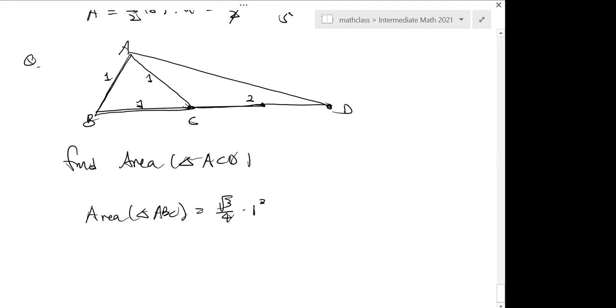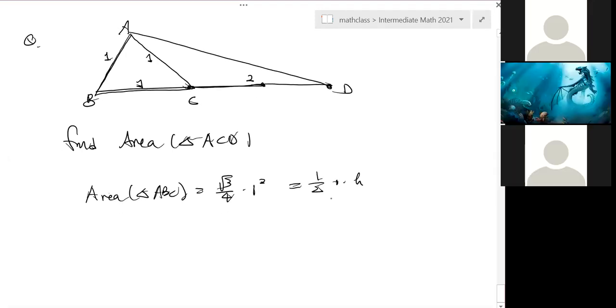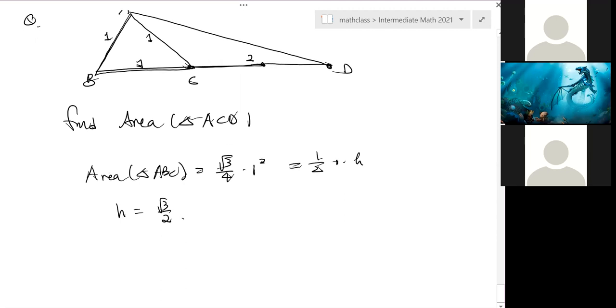Otherwise, the area is the base times the height, so you can actually find the height, which is square root 3 over 2. But you can find the height directly without using the area. Actually, we got the area formula using the height.